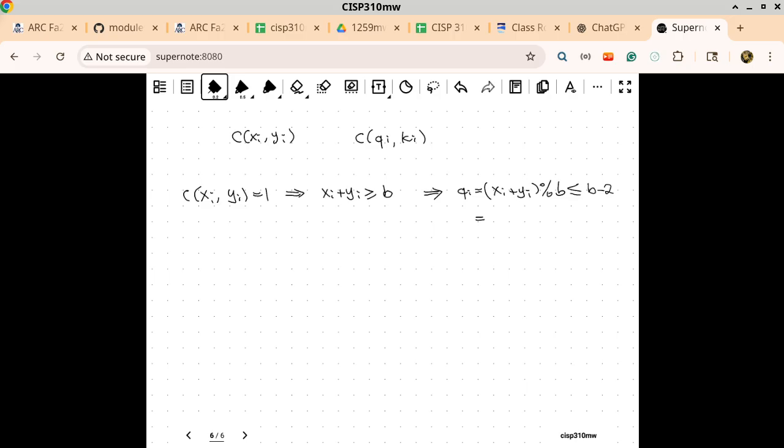So now you have 2b minus 2, and when you do the mod b with 2b minus 2, then it is at the most b minus 2, which means even if you're, so it also relies on k of i cannot exceed 1. So it is in a way self-referencing.